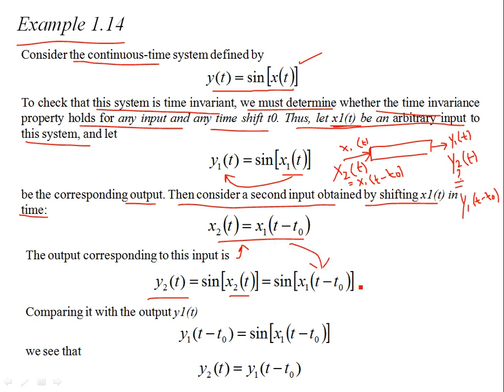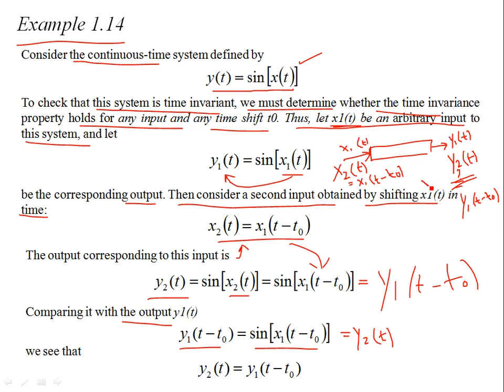If you try to relate this with y1, y1 was in response to x1, so you can write this as y1(t minus t naught). This is quite evident. So comparing it with the output y1, we see that y1(t minus t naught) is the system applied to x1(t minus t naught), which is nothing but y2(t). So yes, the equality that we questioned before does hold.